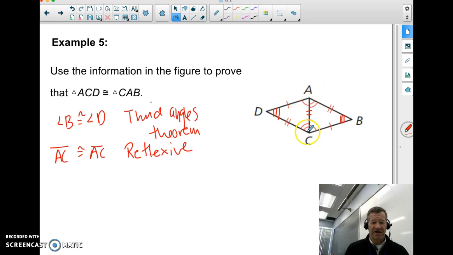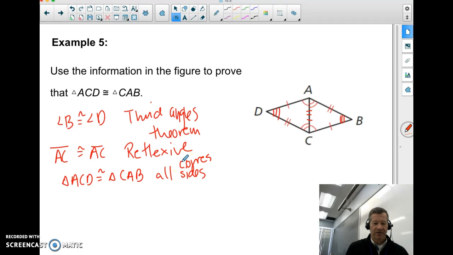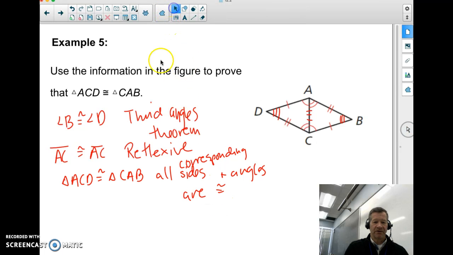And therefore, ACD has to be congruent to CAB because all corresponding sides and angles are congruent. And there you have it, two congruent triangles.